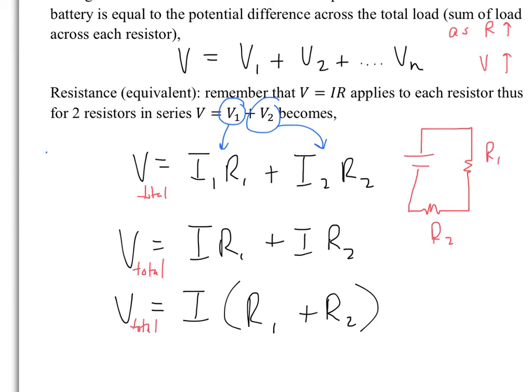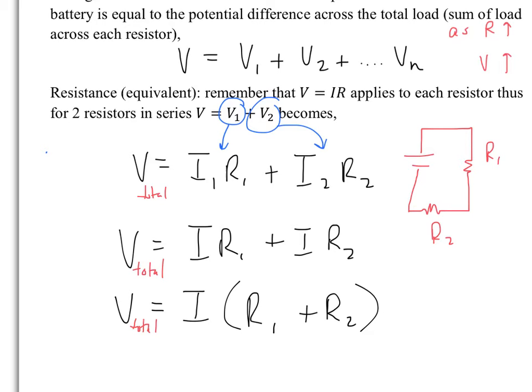The total voltage, we started by writing that it was split up for each resistor. For example, an air conditioner. Part of the energy is used to move the freon through the cycle. Part of the energy is used to display the electronic signal. Part of the energy is used to keep the thermostat at the right temperature. There are many different uses of that voltage.